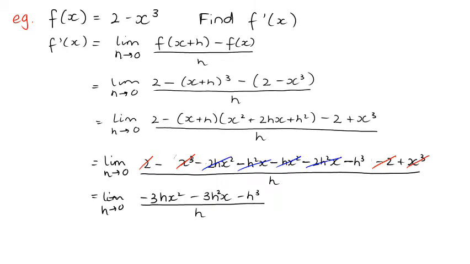Okay, going to cancel down our h's now. I've got one h on the bottom, this h up here, cancel out one of those h's and one of those h's. So I'm left with negative 3x squared minus 3hx minus h squared.